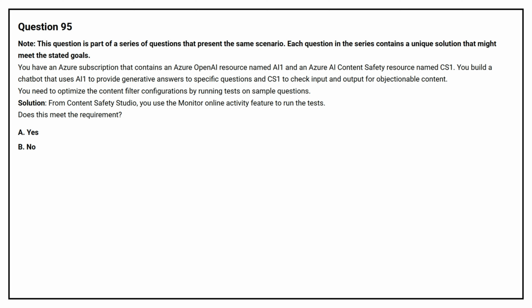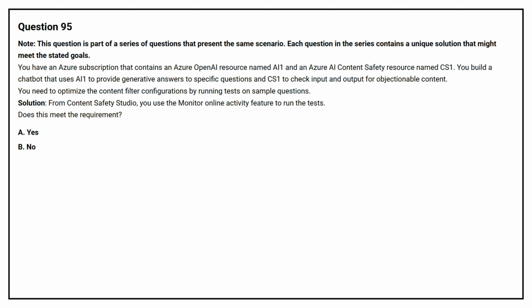Question number 95. This question is part of a series of questions that present the same scenario. Each question in the series contains a unique solution that might meet the stated goals.